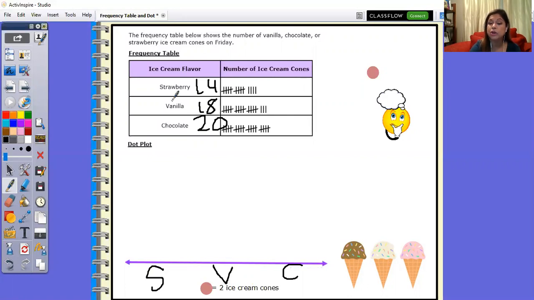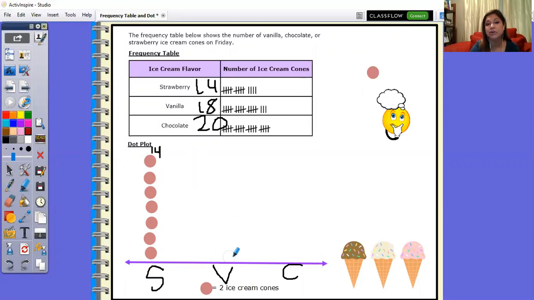So when I look at my strawberry and it's 14, I'm going to count by 2s. So this is up to 14. 2, 4, 6, 8, 10, 12, 14, and I write my number 14 right here. Moving on to vanilla.